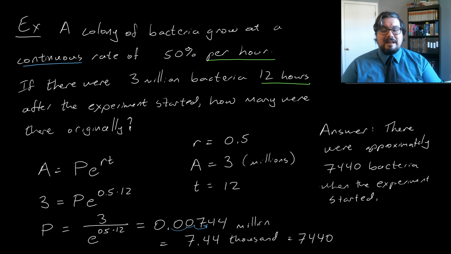So I should probably have just said approximately 7,400 bacteria, or maybe even approximately 7,000 bacteria. If you are using these techniques in a professional capacity, each professional will have their own rules for how to handle precision like this and how much to round appropriately. So pay attention to those rules when you go on to apply this.